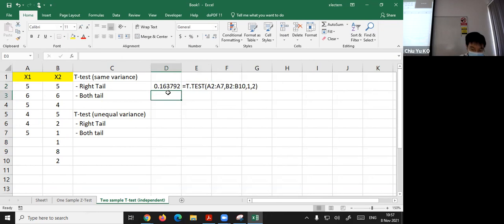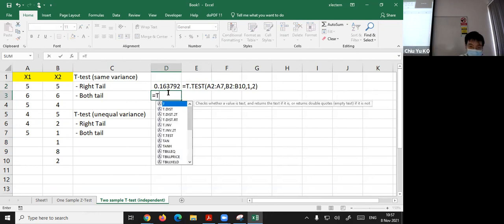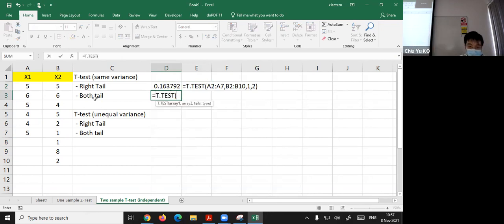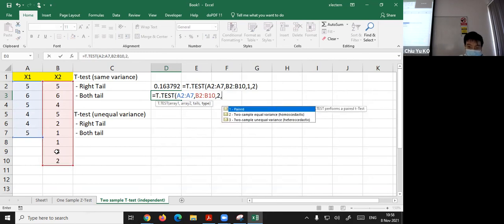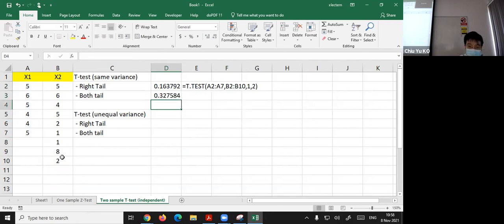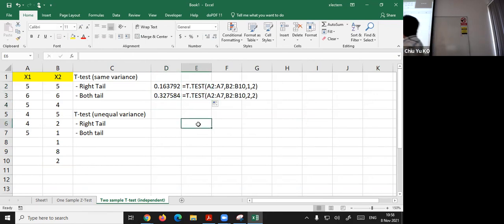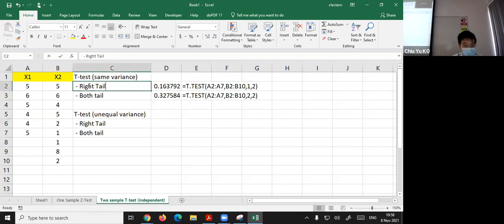If two tail, it's the same idea, T.TEST. Again, you highlight the data, you tell it it's two tail, and equal variance. So you can see the right tail is just this one. I think it's one tail rather than both tails.